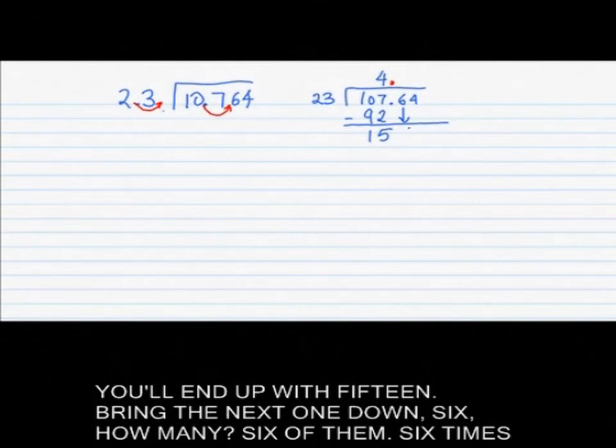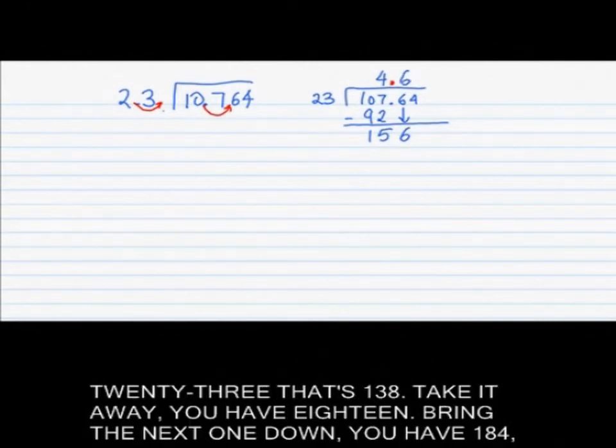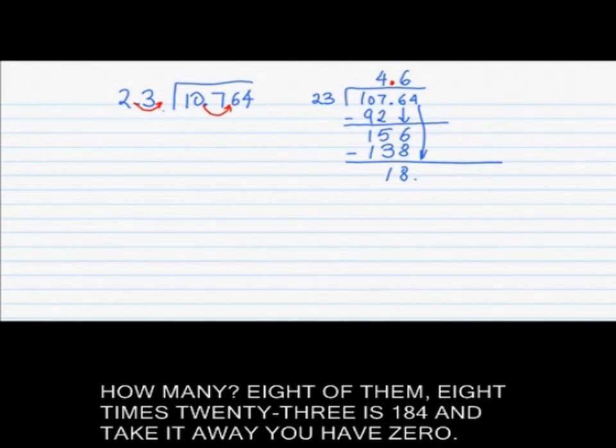How many? 6 of them. 6 times 23, that's 138. Take it away. You have 18. Bring the next one down. You have 184. How many? 8 of them. 8 times 23 is 184. And take it away. You have 0.